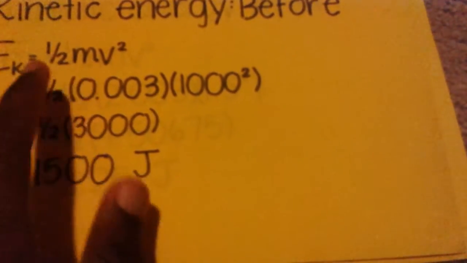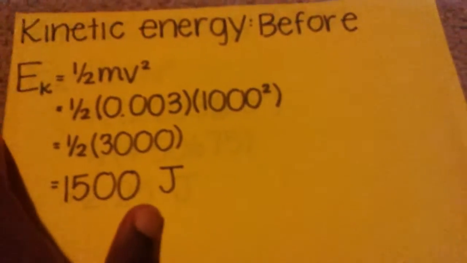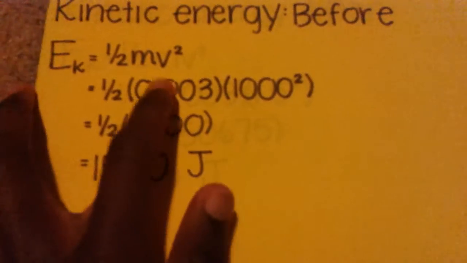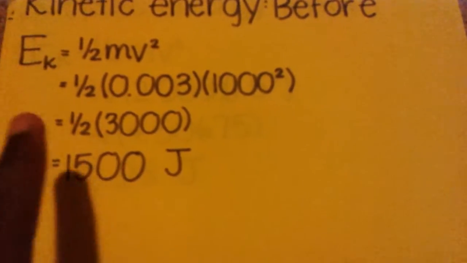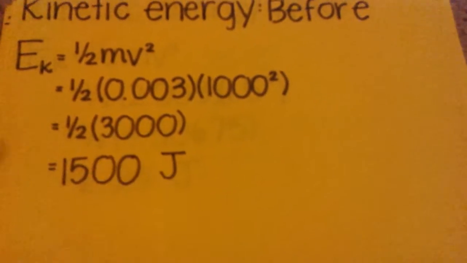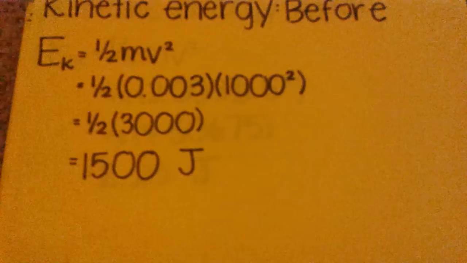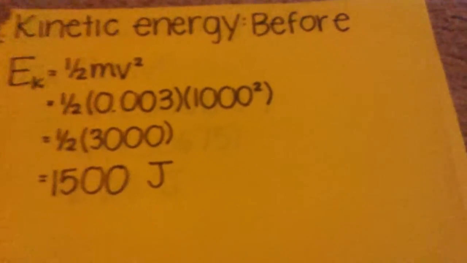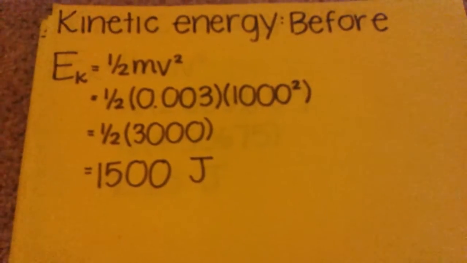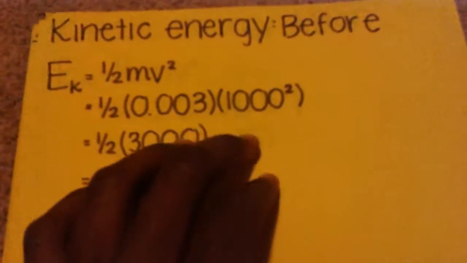The mass of the bullet is 0.03 kilograms, and the velocity of the bullet is 1,000 meters per second. Multiplying 0.03 times 1,000 squared will give us 30,000, and multiplying that times 1/2 will give us 15,000 joules. Thus, 15,000 joules is the kinetic energy of the system before the collision.